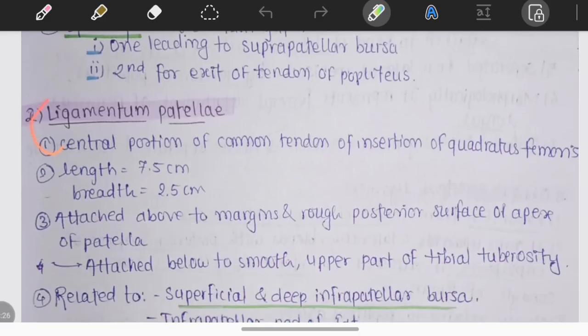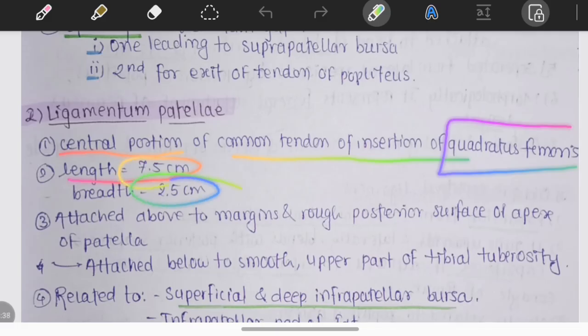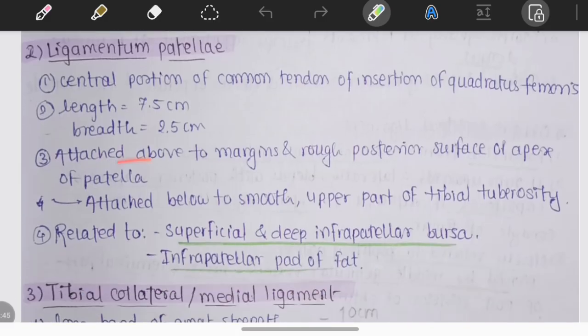Second ligament is ligamentum patellae. It is the central portion of the common tendon of insertion of quadriceps femoris, and its length is 7.5 cm and breadth is 2.5 cm, means 3 inch by 1 inch. It is attached above to margins of the rough posterior surface of apex of patella.